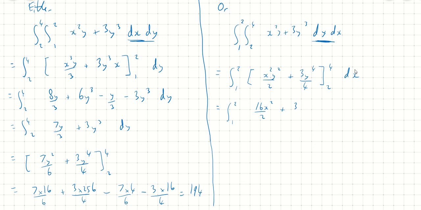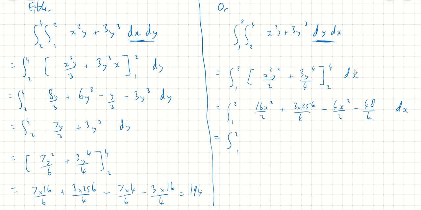So we get 3 times 256 over 4, and then we take away the lower limit, so it's y squared, 2 squared is 4, so it's minus 4x squared over 2, and minus 2 to the 4 is 16, 3 times 16 is 48 over 4, dx.